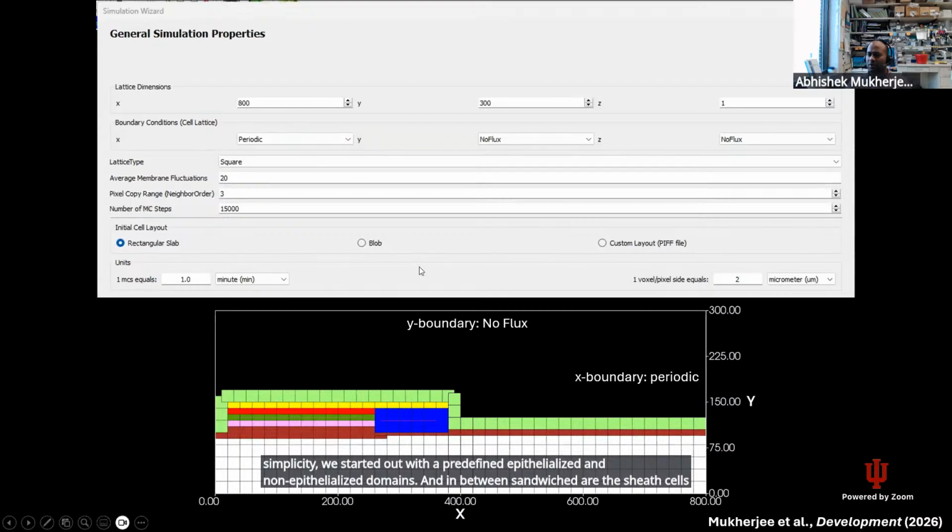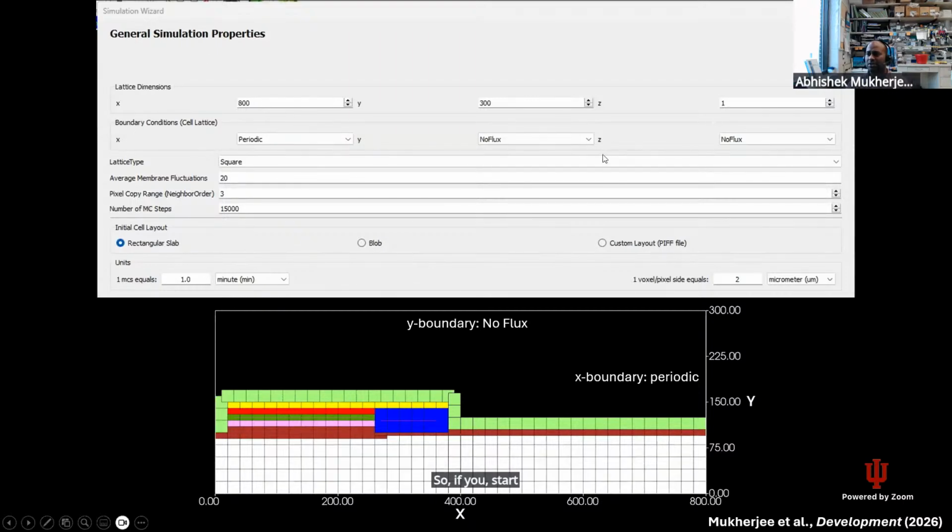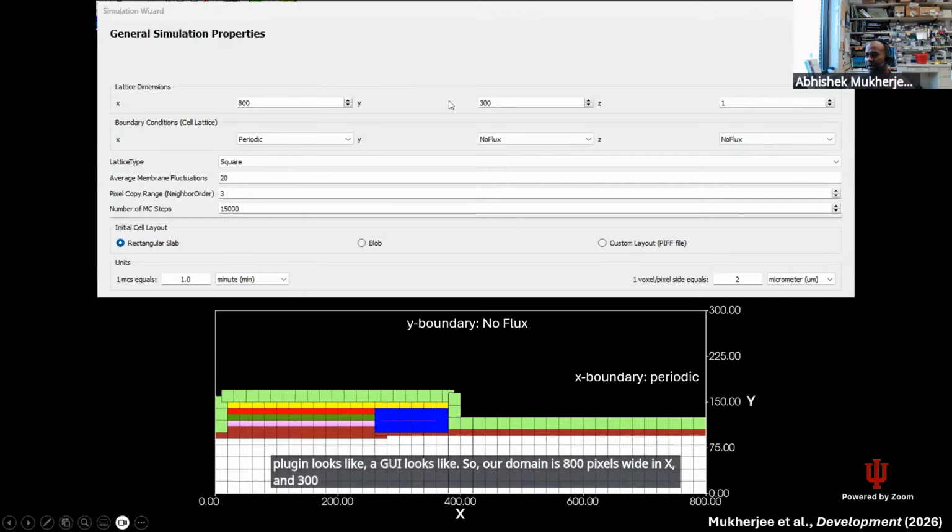This is just a screenshot of how the new CompuCell3D plugin GUI looks. Our domain is 800 pixels wide in X and 300 pixels wide in Y. This is a 2D model, so Z is 1.